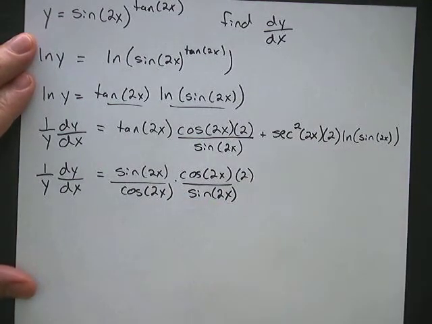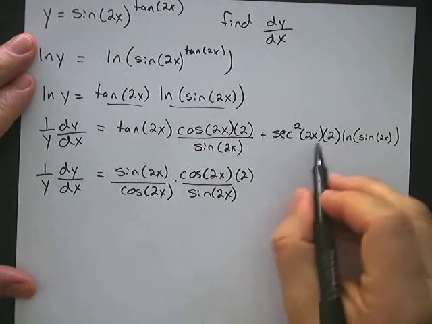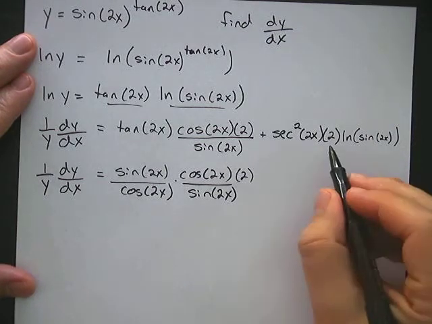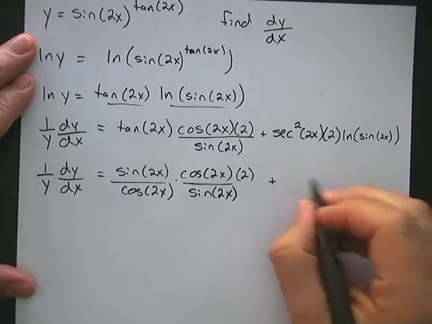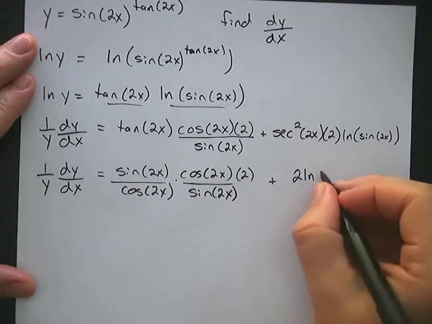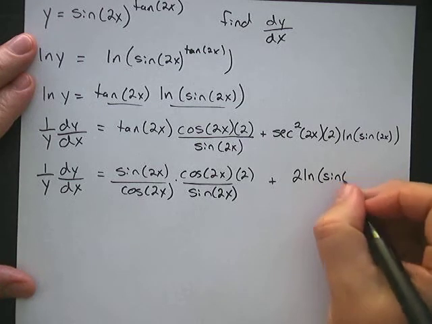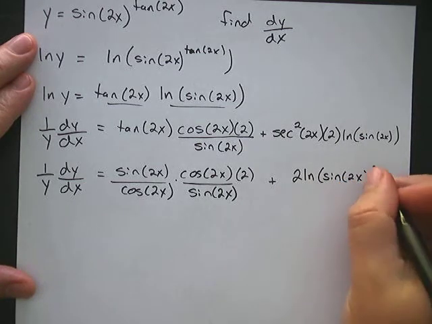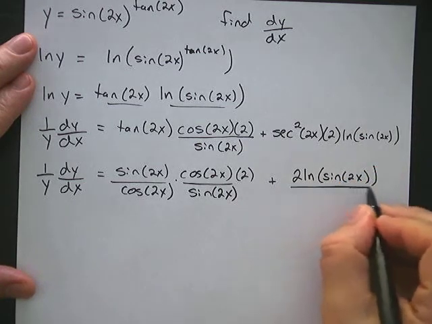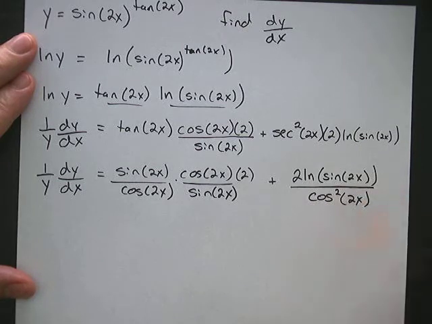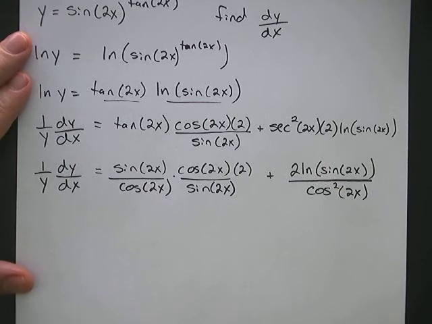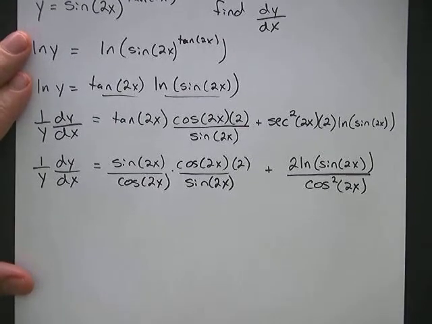And now for this one, let's rewrite the secant as a cosine and put it on the bottom. We'll leave the 2 and the ln on top. So plus 2 ln of sine of 2x over cosine squared of 2x. Let's go ahead and reduce.